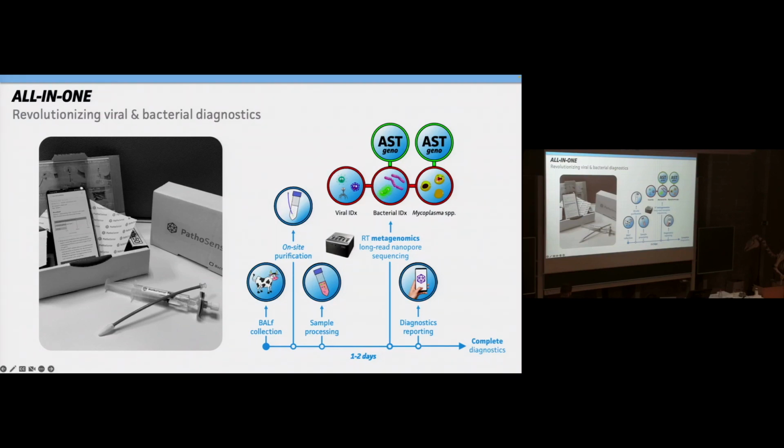In the future, and that's why these circles are in green, we also want to include the antibiotic resistance testing, because it's not there to date. The red circles, we are already able to identify all the viruses and bacteria within a sample. But the green circles, that's what I'm going to talk about in my talk today.